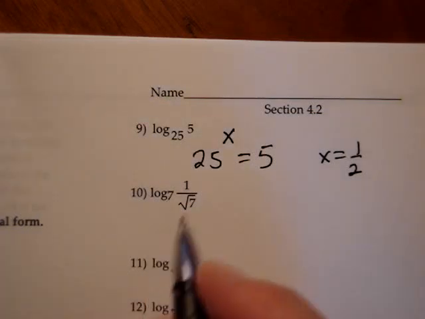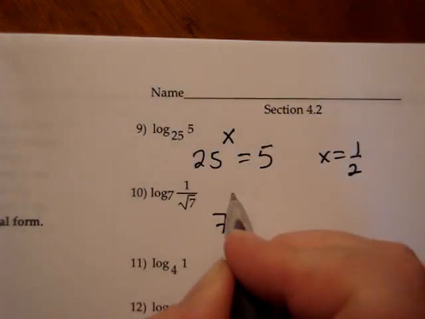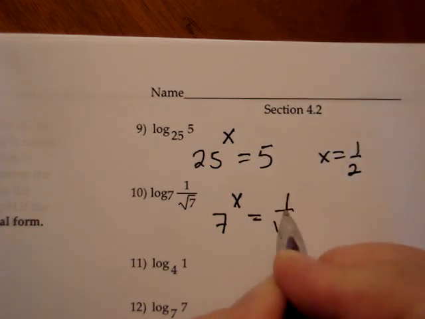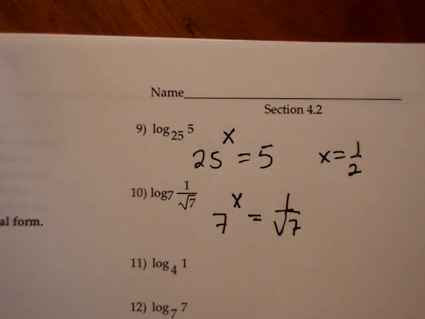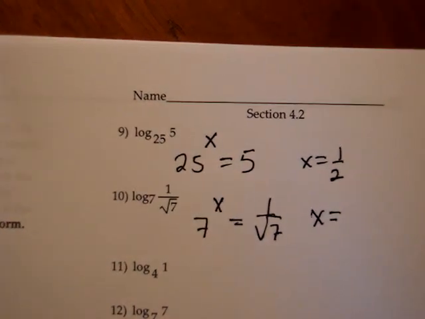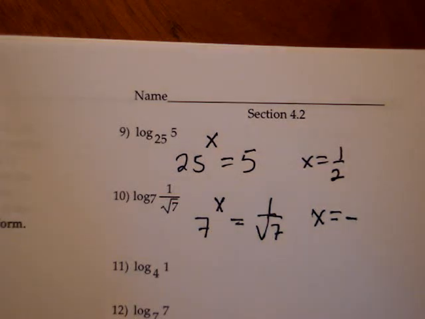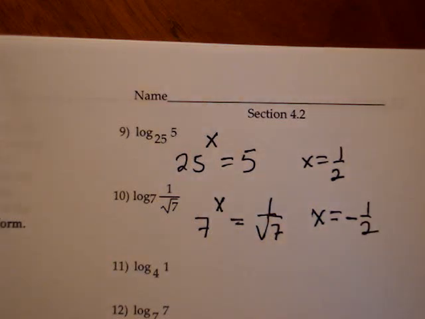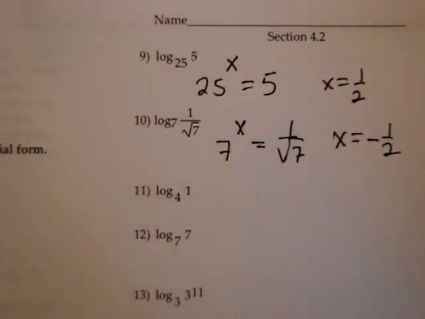This time I have a base of 7. What exponent did I put on 7 to get an answer of 1/7? Well, first, I see it's a fraction, so I know my exponent must be negative. And second, I see it's the square root of 7, and I know 1/2 exponent is the same as square root. Okay, let's do another one.